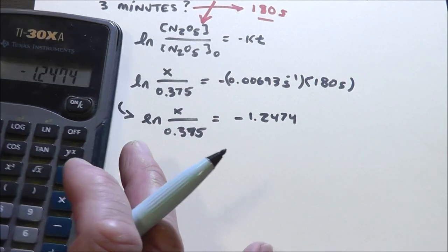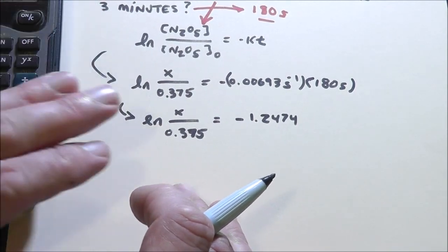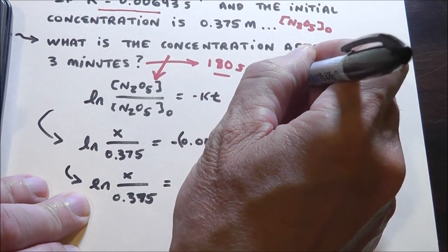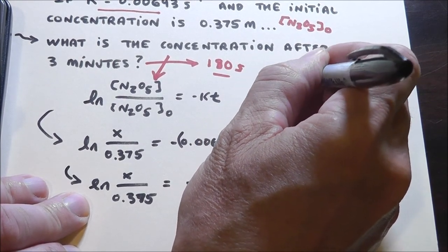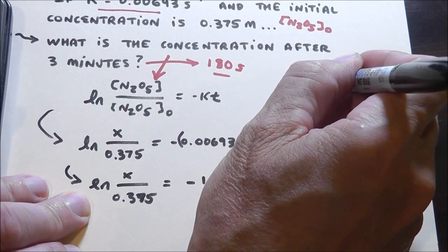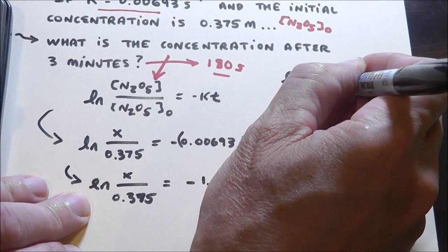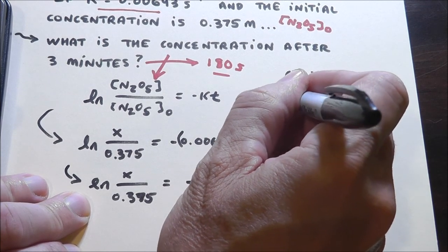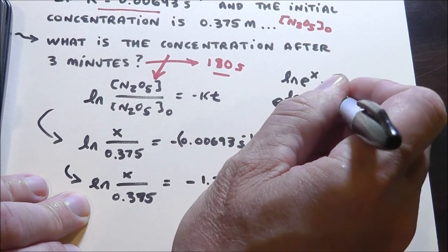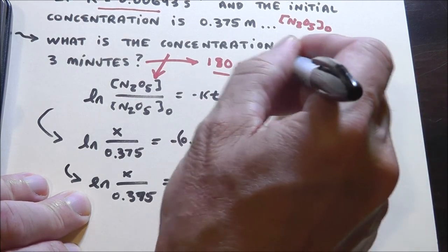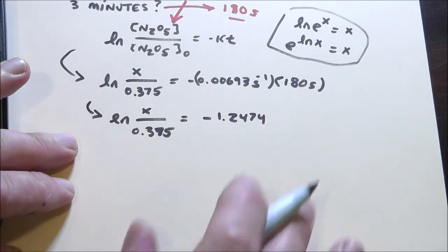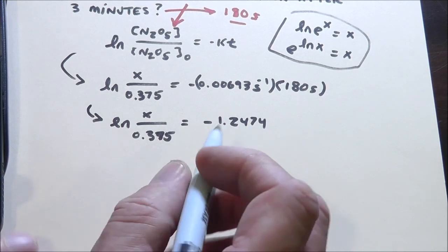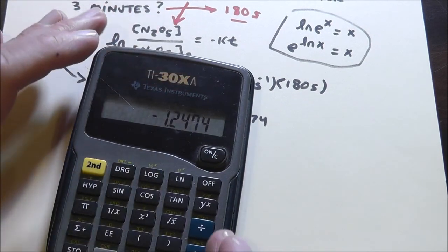And that's because, long story short, a natural log undoes an e to the x, or an e to the x undoes a natural log. Either way, you get that back. So what I need to do is an inverse natural log, or an e to the x, of both sides, and I can do it to the number, and I'll do it right now.